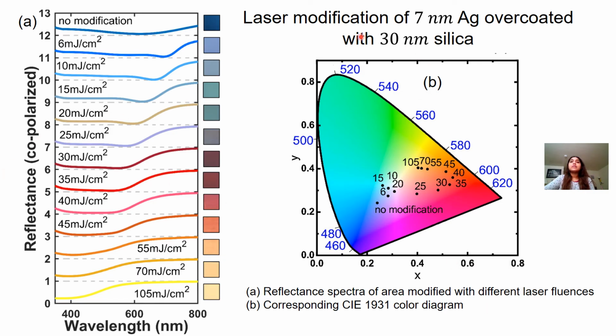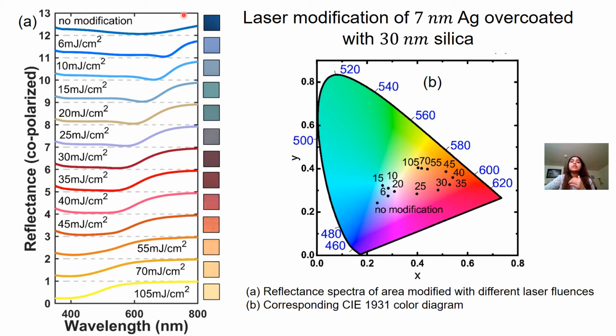As we said, the 7 nanometer silver with the 30 nanometer silica coating gives us the best combination of results, and here you can see that upon increasing the energy density, a wide variety of colors are generated. Here we change the energy density while keeping the line spacing and the scanning speed fixed.